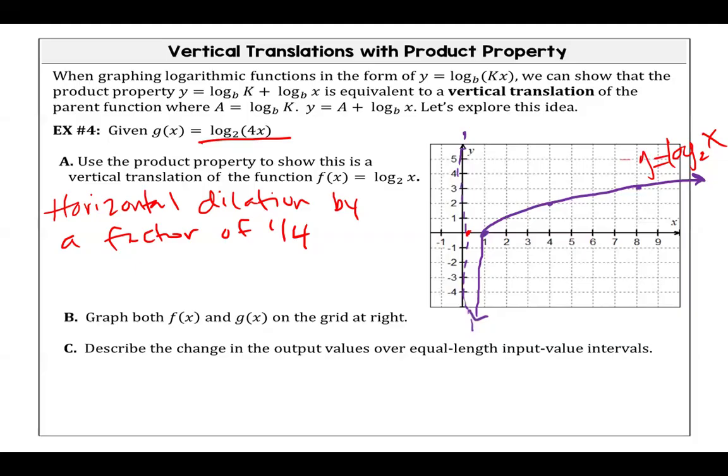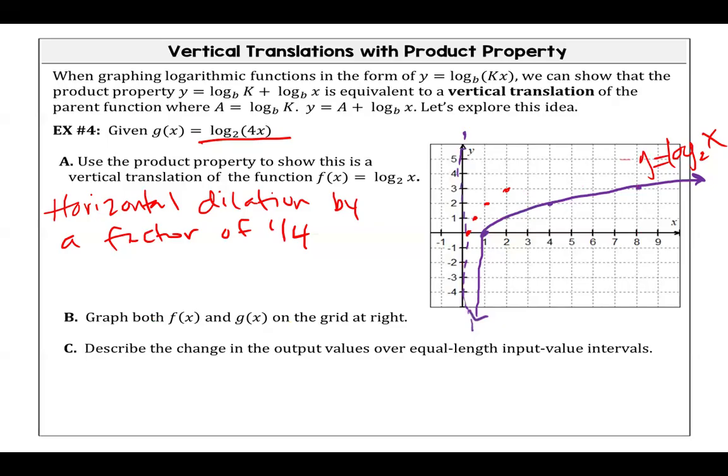This one is at 2, 1. 2 divided by 4 would be 1/2, so 1/2, 1. 4 is at 2. What's 4 divided by 4? 1. So now we'll be at 1, 2. 8 divided by 4 is 2, so we'll be at 2, 3. So this would be our horizontal dilation.